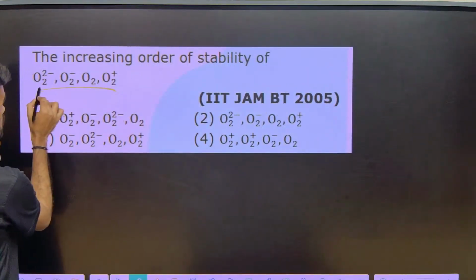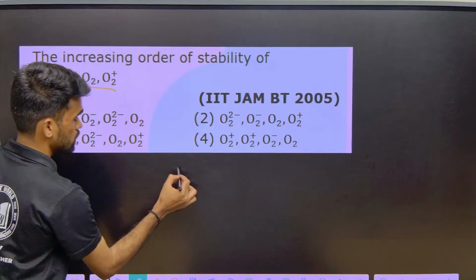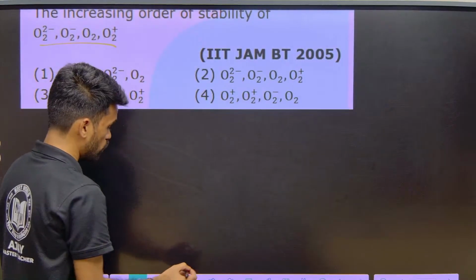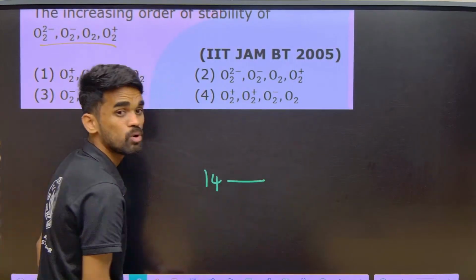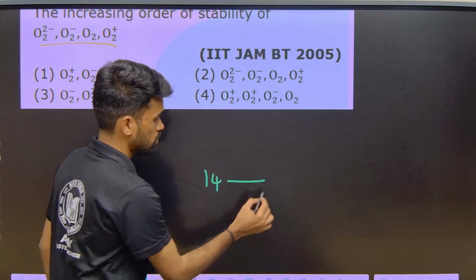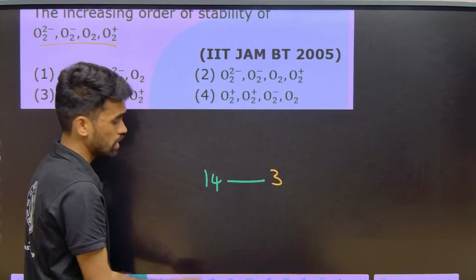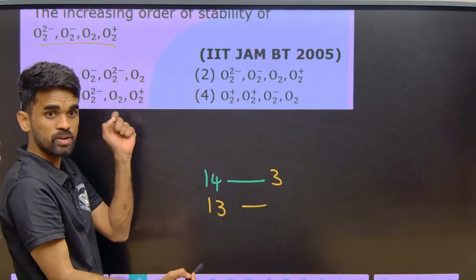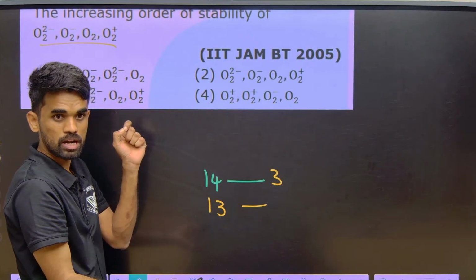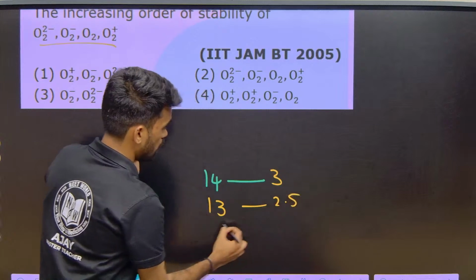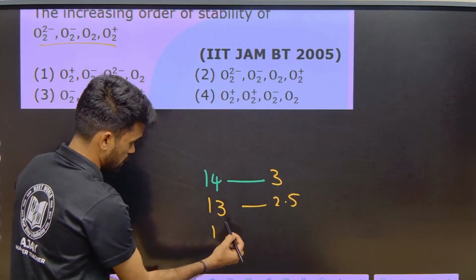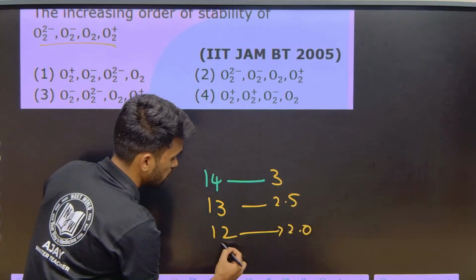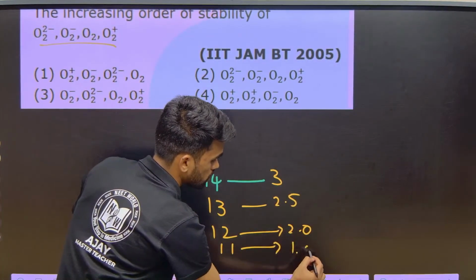We did this already. Just tell me fast. If you remember, when I told you 14 electrons in the nitrogen case, what bond order did you see? 3. Okay. If I have 13 electrons only, you are removing an electron from a bonding molecular orbital. So it becomes 2.5. If it is 12, it will be 2.0. If it is 11, like this.